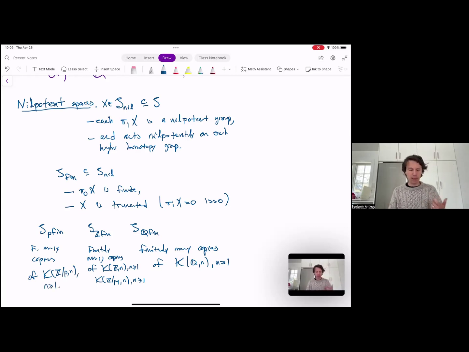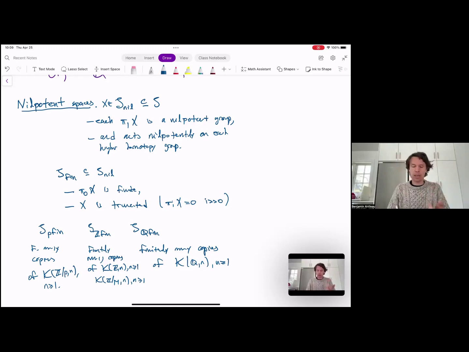And when I say finitely many copies, I mean, for example, that the fundamental group is nilpotent, and in the p-finite case, it's just a finite p-group. And the higher homotopy groups are then also finite abelian p-groups.